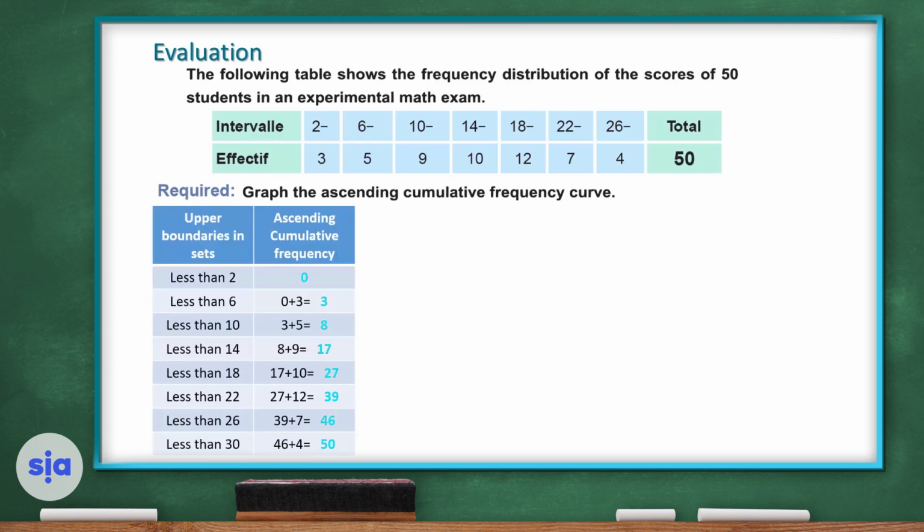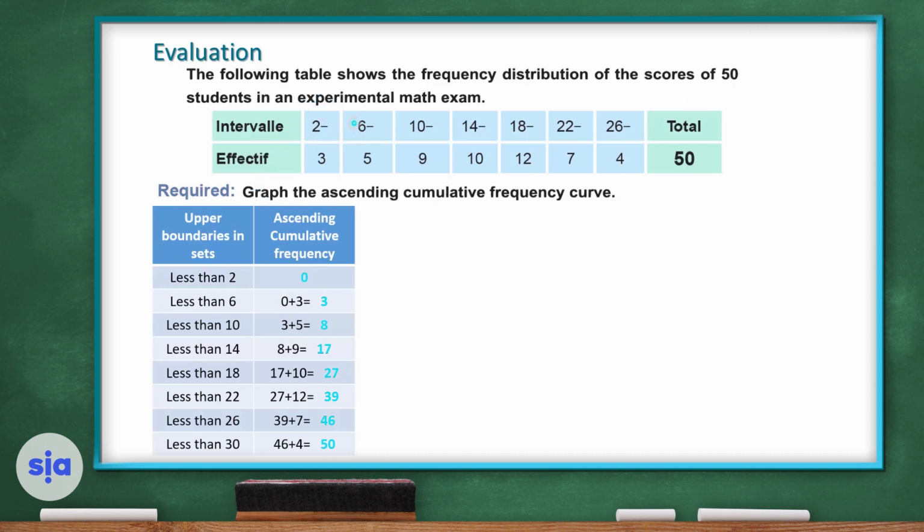Here's the table. As long as it's ascending, so we go from up to down, from small to big. So here we make less than 2, less than 6. Here are the 2 and the 6 and the 10 that we wrote the table from.